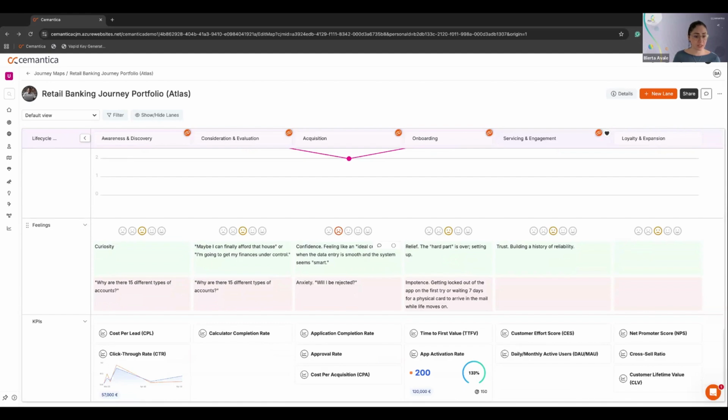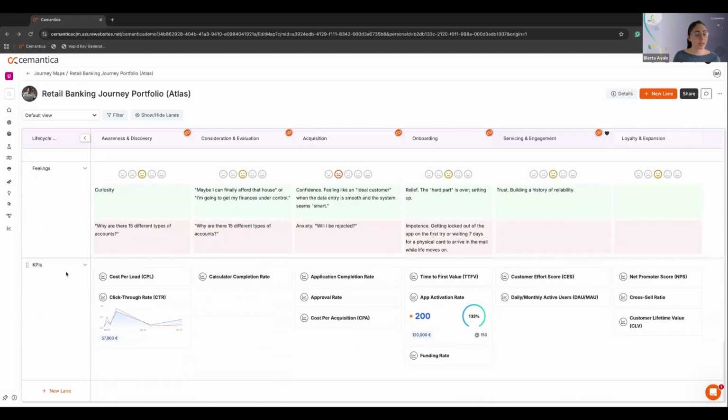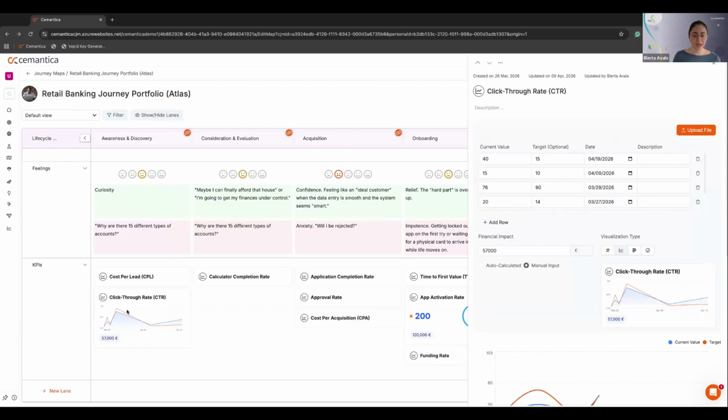And we can also add KPIs. If you have KPIs internally for these specific journeys, then you can, of course, include them in your journey portfolio. And in Cemantica here, you can upload files for your KPIs. You can do an integration. You can also add these manually.